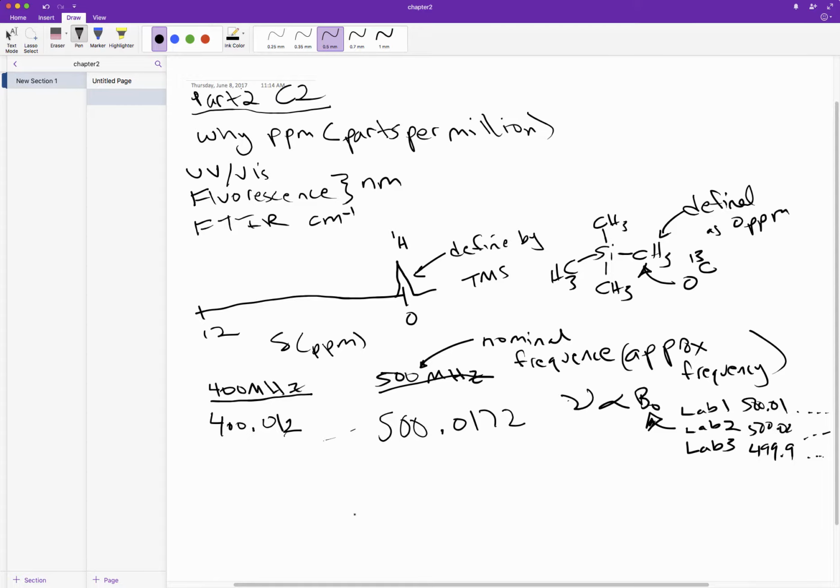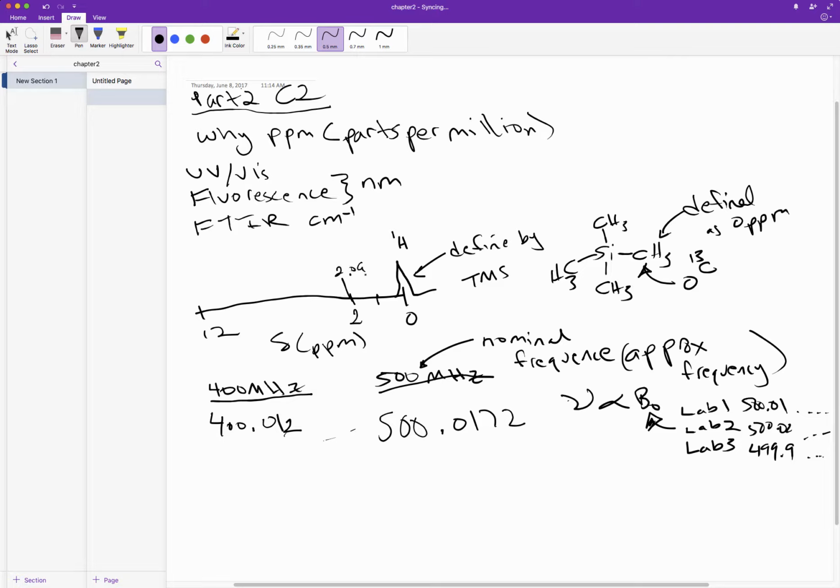And so, like I said, the frequency of your particular resonance, let's put something right here at 2.09.